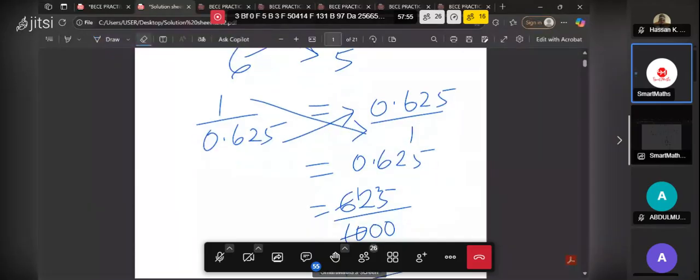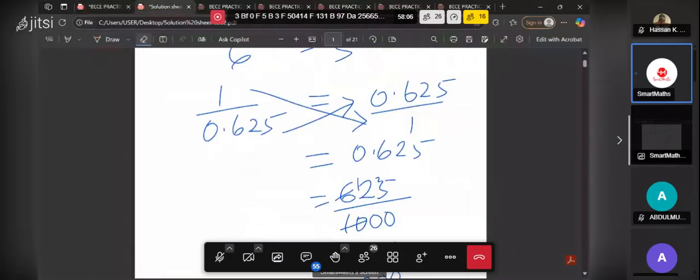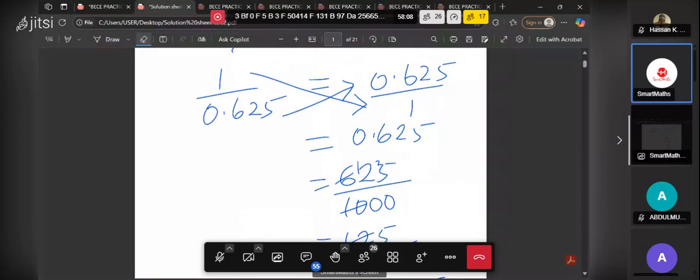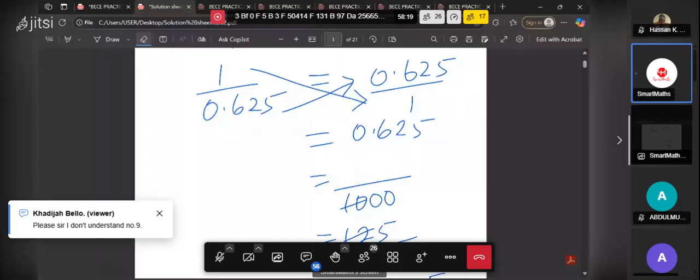Now, if you check the options, you notice that all the options are in fraction. So which means we have to convert 0.625 to fraction. I've explained that before. To convert this one to fraction, just pick the numbers you have there, which is 625, divided by 1.